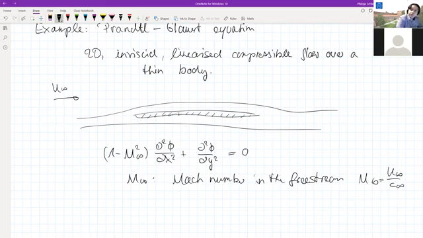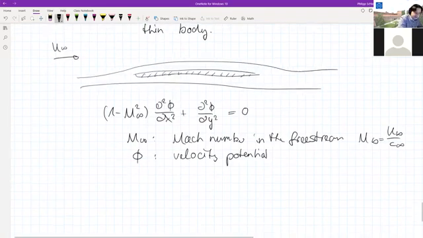And then the phi here is the velocity potential.